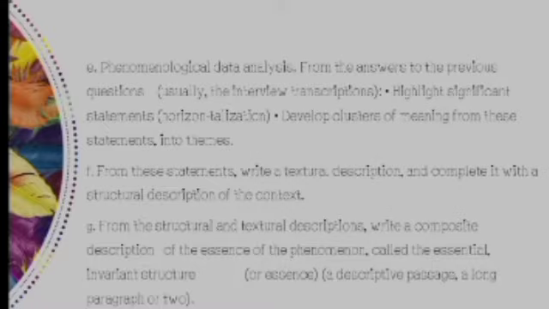From these statements, write a textual description and complete it with a structural description of the context. After that, from the structural and textual description, write a composite description of the essence of the phenomenon, called the essential invariant structure.